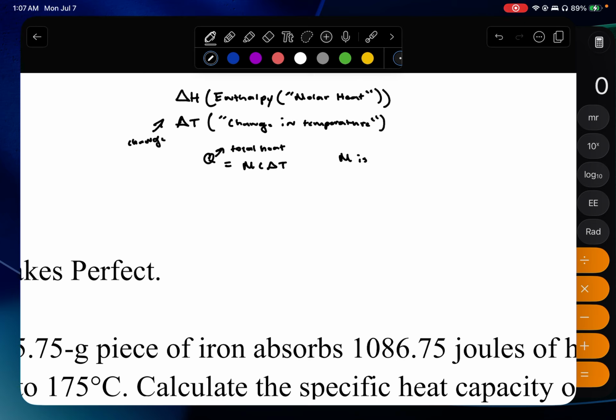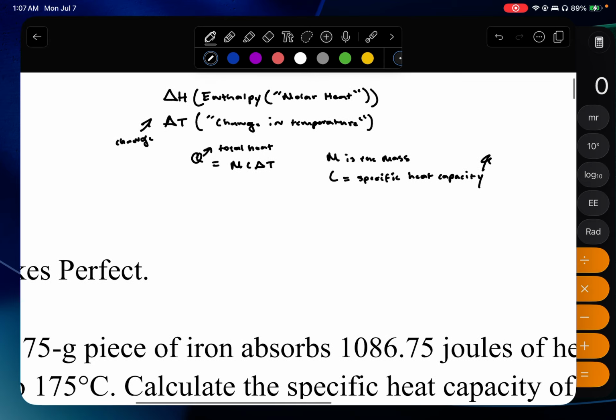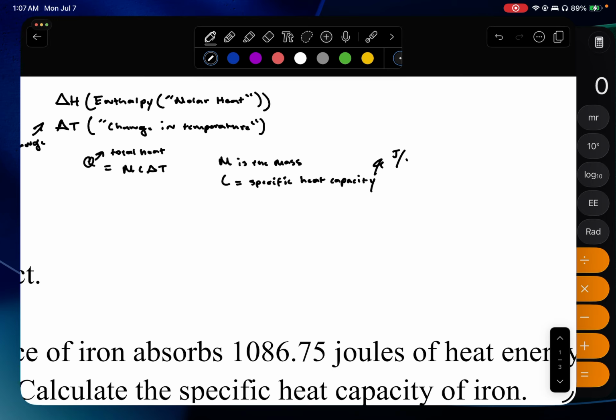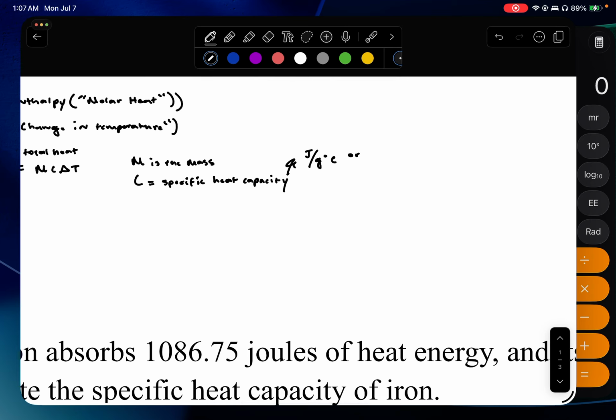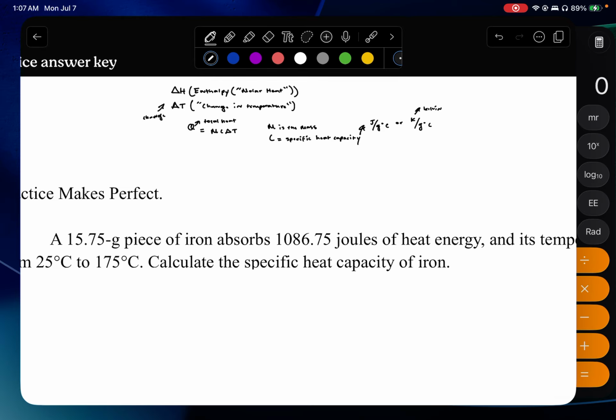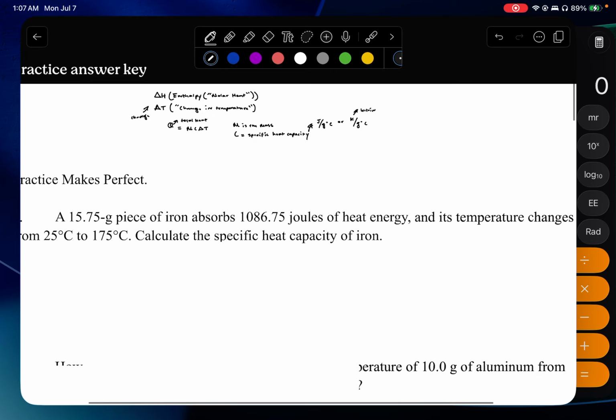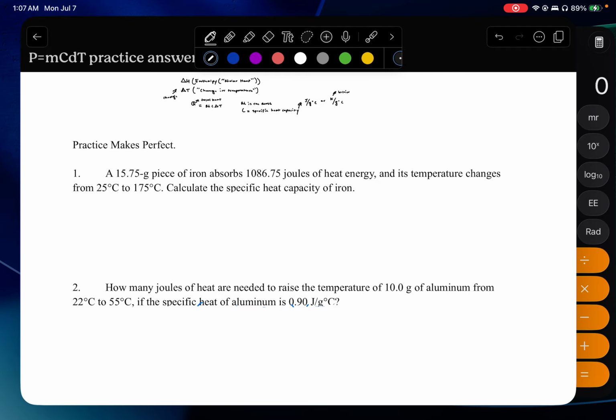M is the mass, and C is the specific heat capacity, which is usually in the units of joules per grams times Celsius, or K over grams times Celsius, and K is Kelvin, so just for your own knowledge. So now that we have that in mind, let's start our first question.